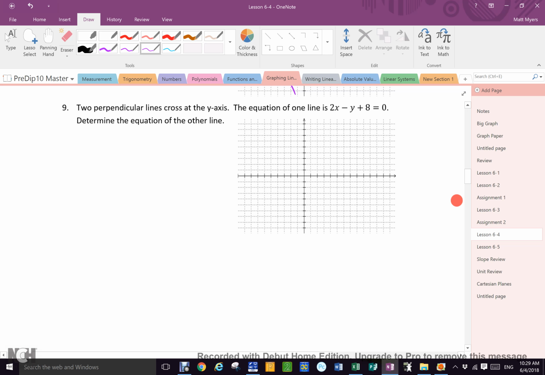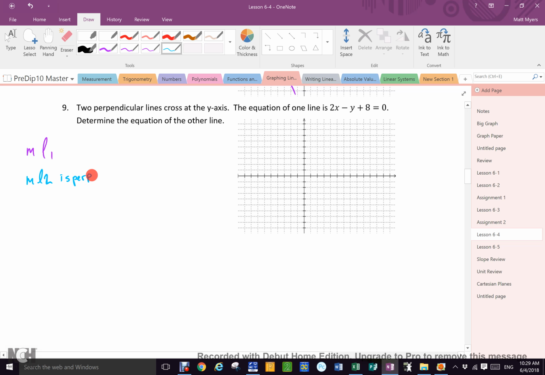Number 9 is tricky. Number 9 says there's 2 lines. What do you know about those 2 lines? You know anything about either of them? You know they're perpendicular. So you know line 1 has a slope, but line 2 is perpendicular.